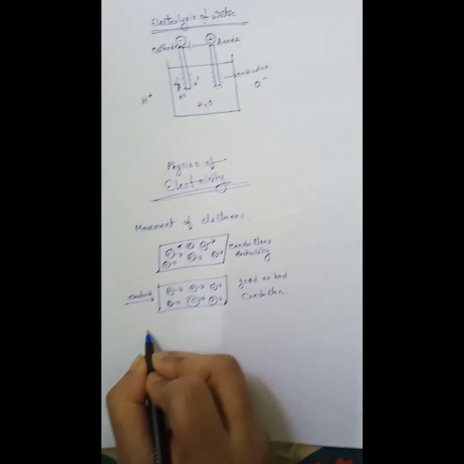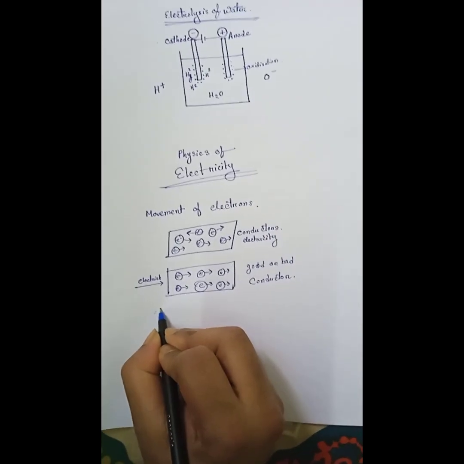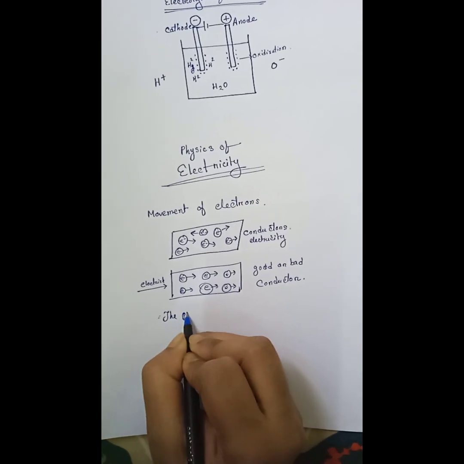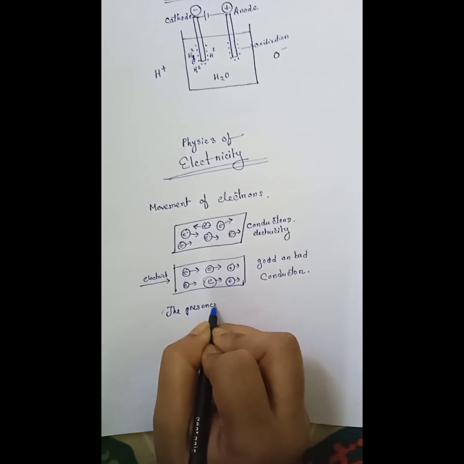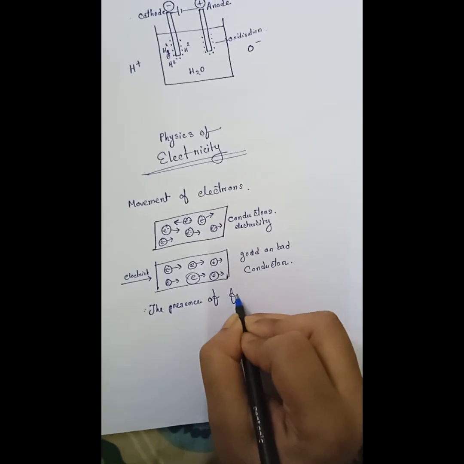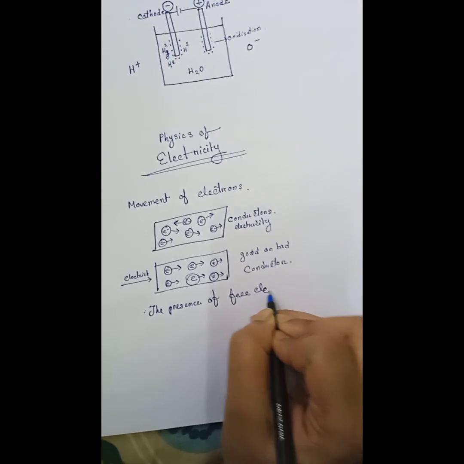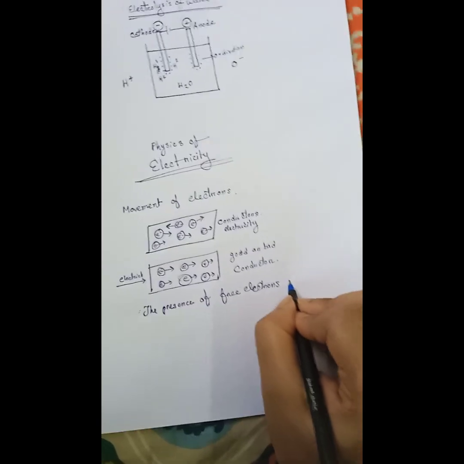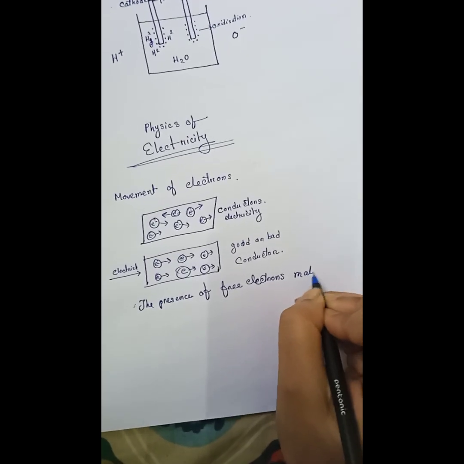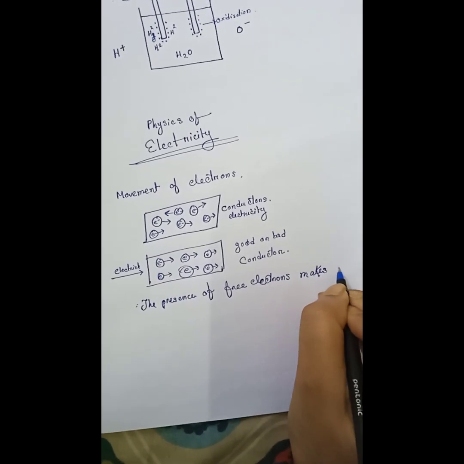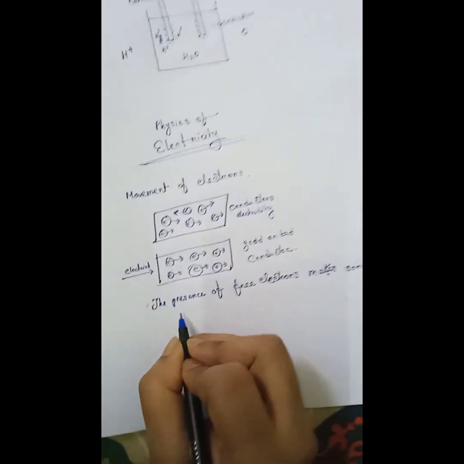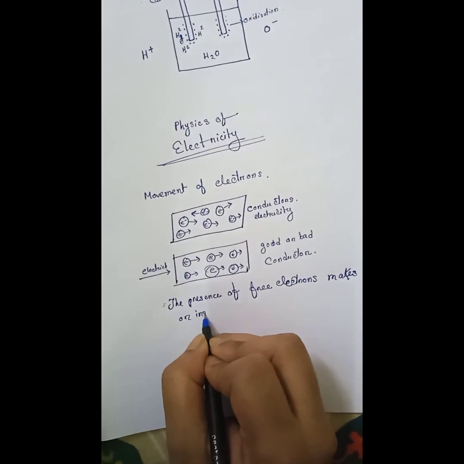From this general idea, we can understand how a conductor is formed. The presence of free electrons, which are negatively charged, that can move in any direction, makes a conductor. If there are no electrons, that is an insulator.